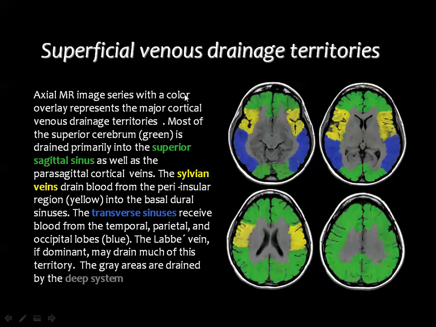And these are the drainage territories of the venous sinuses: those presented in green are drained by the superior sagittal sinus, the areas presented in yellow are drained by the sylvian veins, while the areas presented in blue are drained by the transverse sinuses, while the gray zones are drained by the deep venous system.